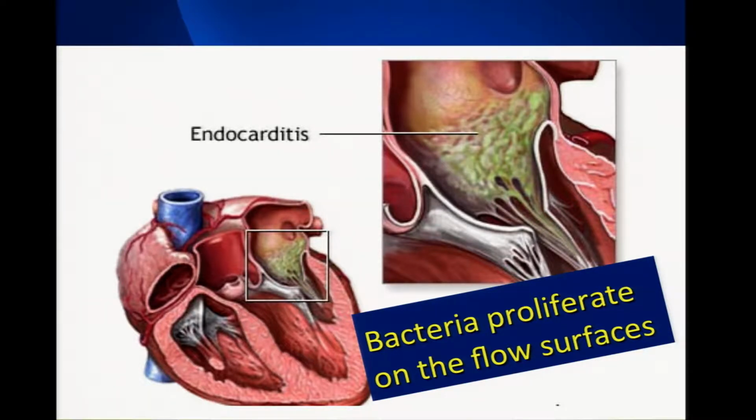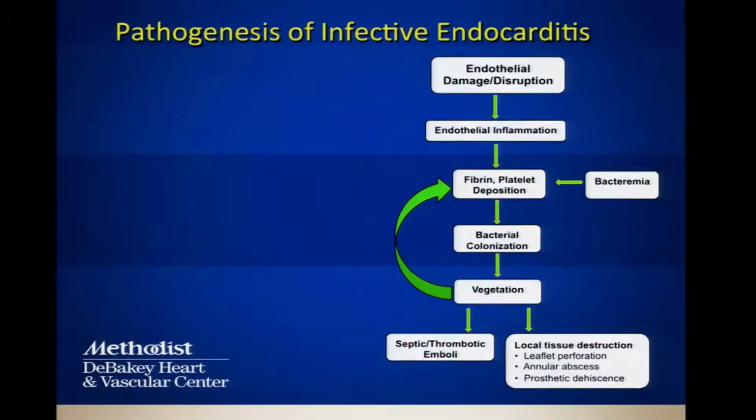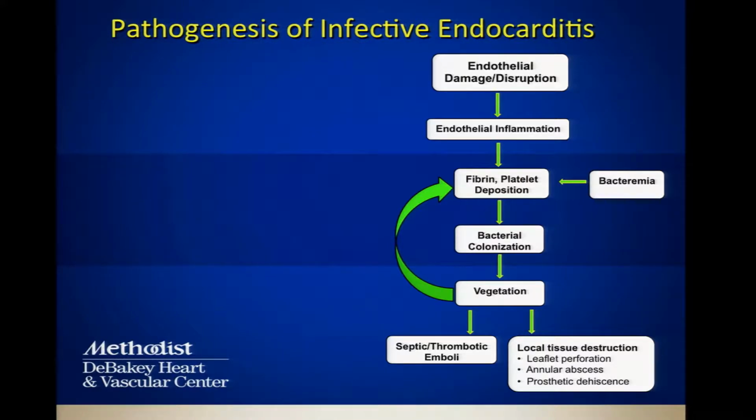This little graphic shows that this tends to be where the endothelium is beat up and where the vegetations begin. This is the pathogenesis that's important to at least understand. It's not a pure mass of bacteria. It tends to be some damage that starts, and that's why you rarely get endocarditis on a completely normal native valve. It just doesn't happen because the flow surface is so smooth, bacteria don't adhere to it.